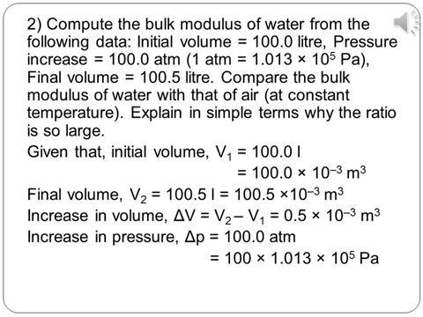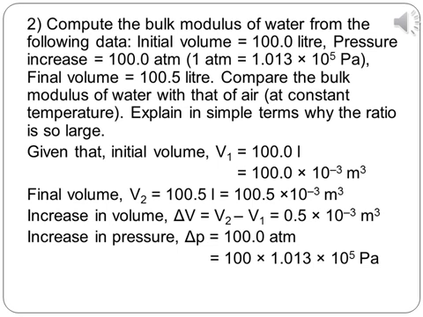What is its solution? Here, given that initial volume V1 is equal to 100.0 liter. Converting into meter cube, it is equal to 100 into 10 to the power of minus 3 meter cube. Final volume V2 is equal to 100.5 liter is equal to 100.5 into 10 to the power of minus 3 meter cube.